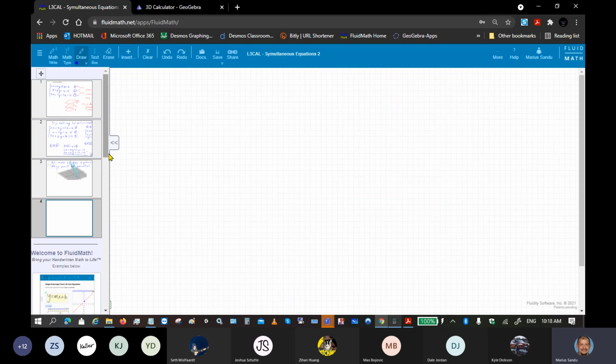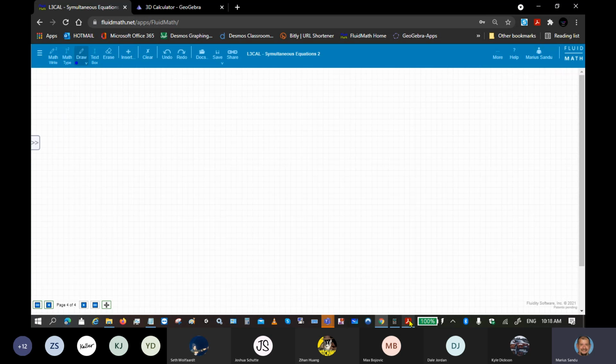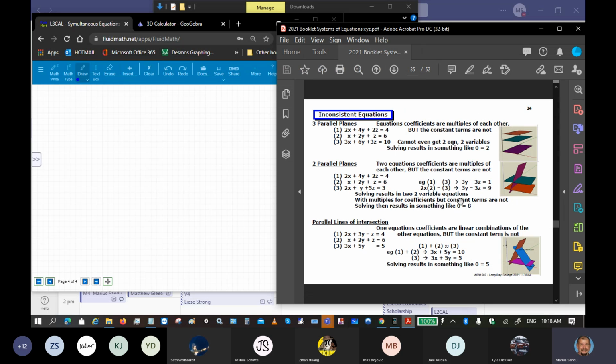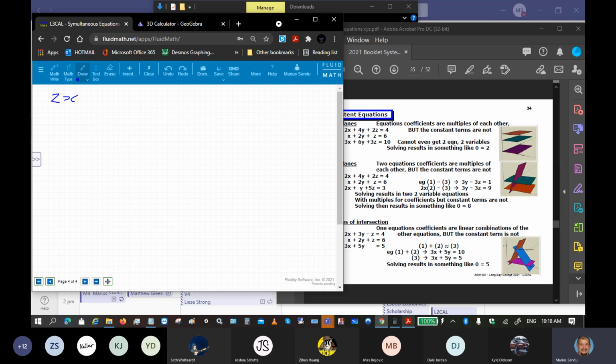Now let's move on to another scenario. The first two are the same: 2x plus 4y plus 2z equals 4, and x plus 2y plus z equals 6.